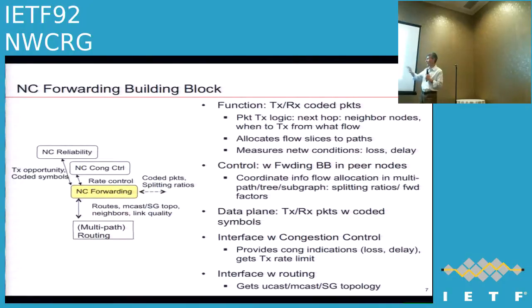Vincent mentioned that you could have multiple coded symbols in a packet. The main responsibility is to decide when to send and where to send. What to send comes from the reliability module, and the indication of when to send comes from the rate control indication from the congestion control module.